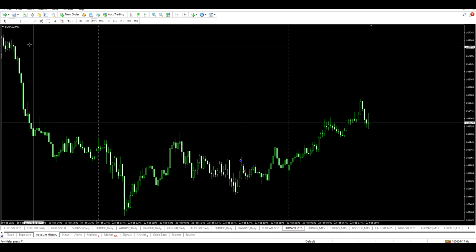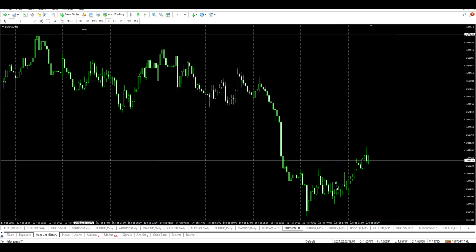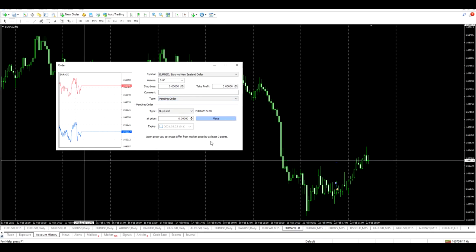What I'm going to do is go to the New Zealand dollar, and I'm going to go to the 1 hour time frame, and I'm going to enter a new order. Price is not yet at the point of entry, so I'm going to set up a pending order.